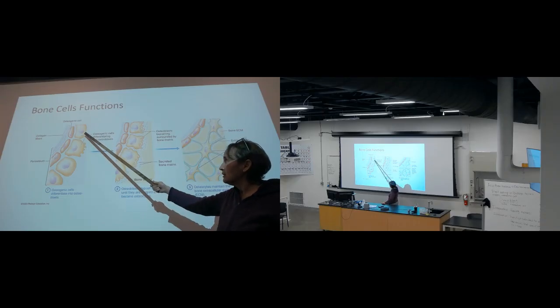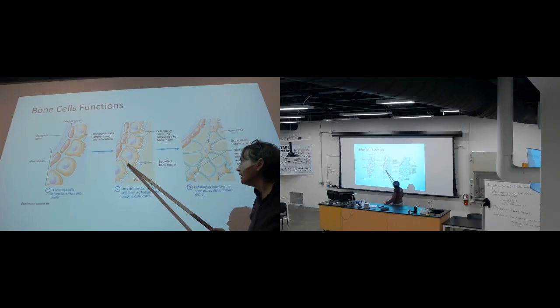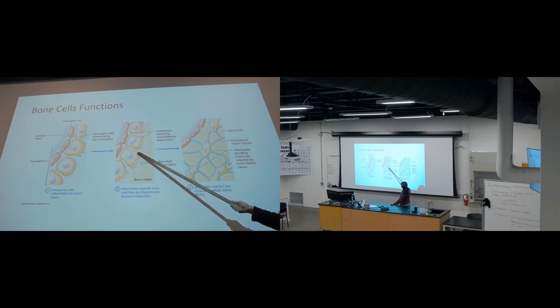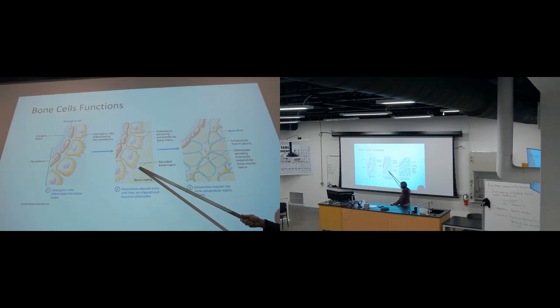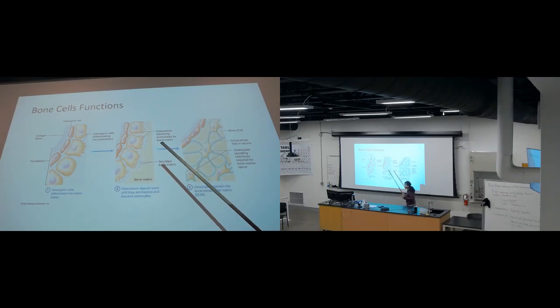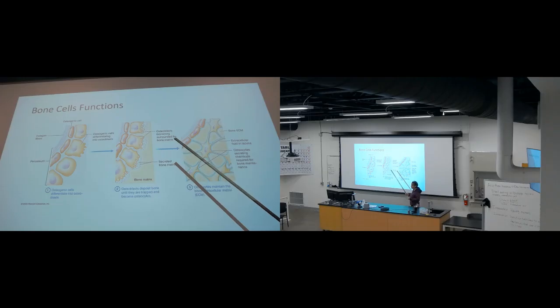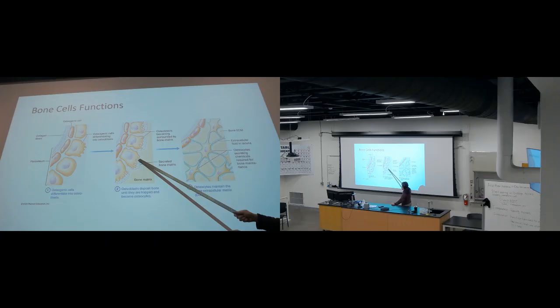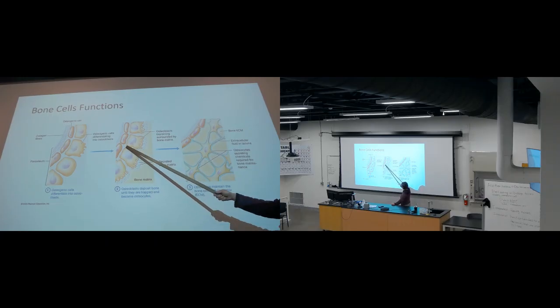And then these osteoblasts take a more mature shape. In this case, they start secreting bone matrix, and this bone matrix is called osteoid. It's like a mixture of calcium salts, hydroxyapatite, and this matrix, as it's being built up, is going to trap this osteoblast.